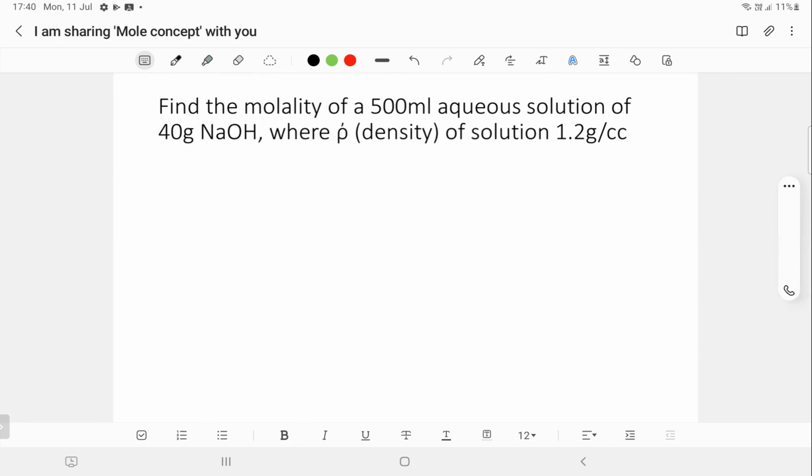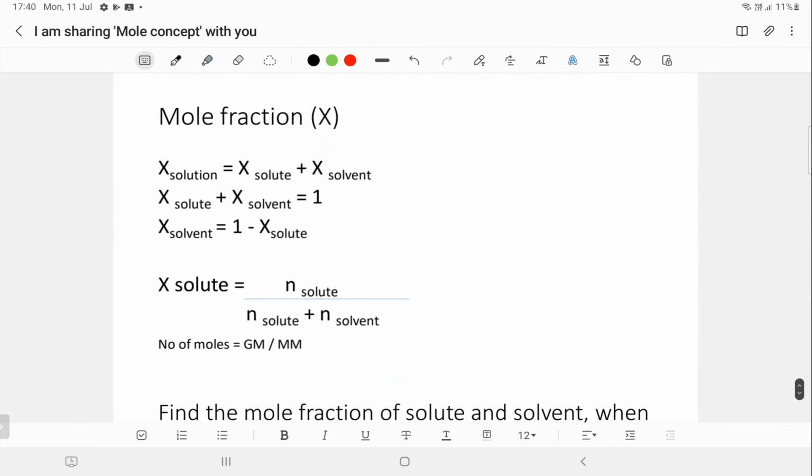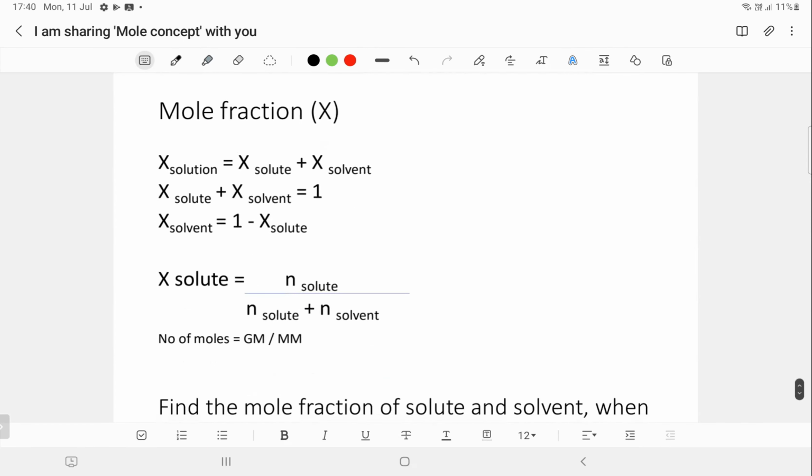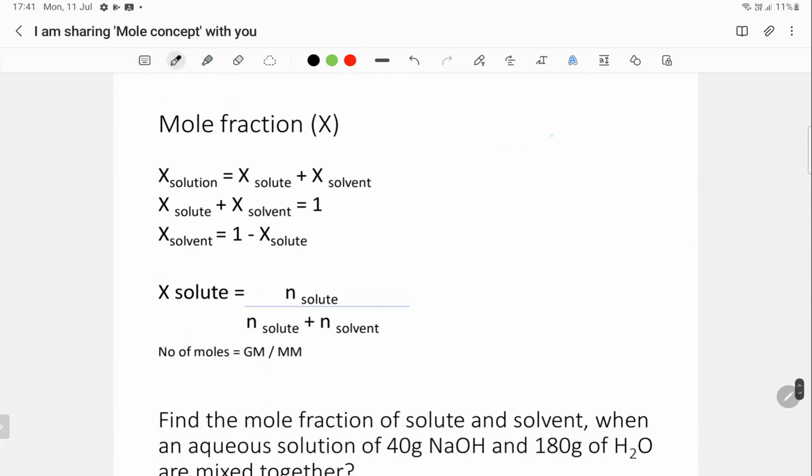Okay. So next one is mole fraction. Coming to this topic, mole fraction. Imagine there is a beaker in front of you. In this beaker, I'm adding 10 ml of solvent, and I'm adding 5 grams of some solute.